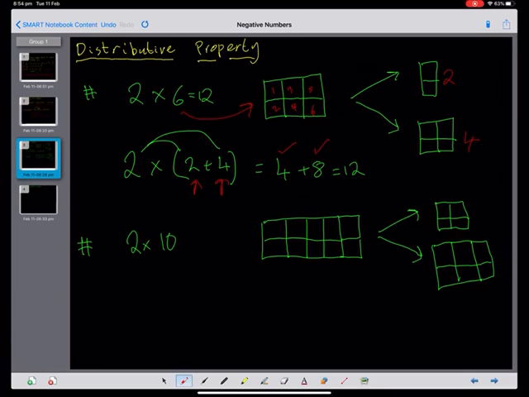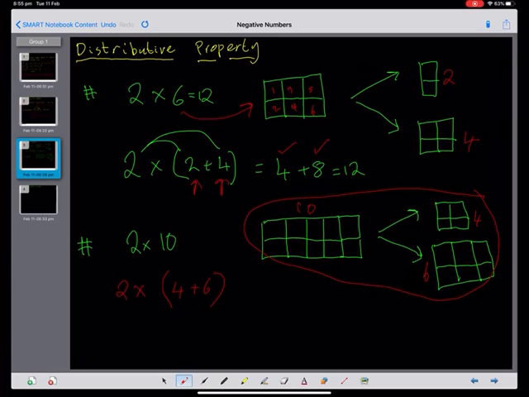Okay, so pause the video and use the distributive property, using the diagram here, for 2 multiplied by 10. Okay, so hopefully you've done that now. So we've got our 10 block here, and we've partitioned it into 4 and 6. So let's do that then. So we've got 2 multiplied by 4 plus 6.